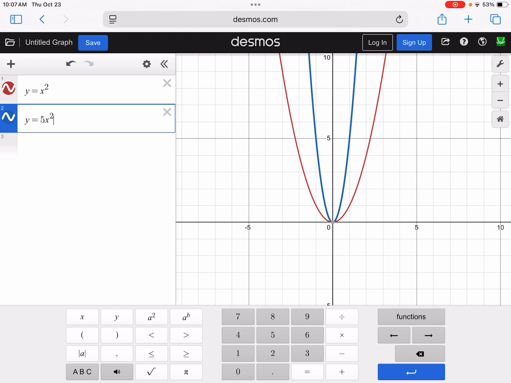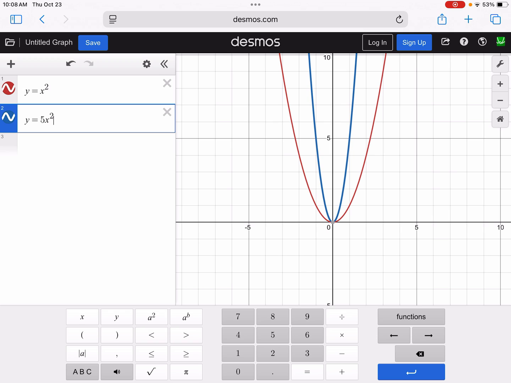The red is the graph for our basic function, and the blue is the graph for this function which we multiplied by a number greater than 1. So if we are multiplying our basic function by a number greater than 1, then our graph is stretched vertically, you can say away from the x-axis.